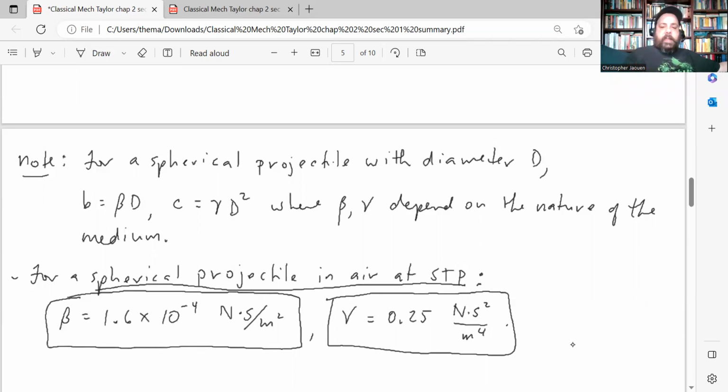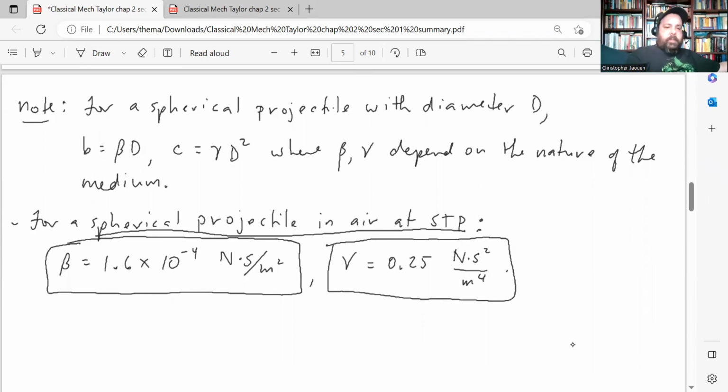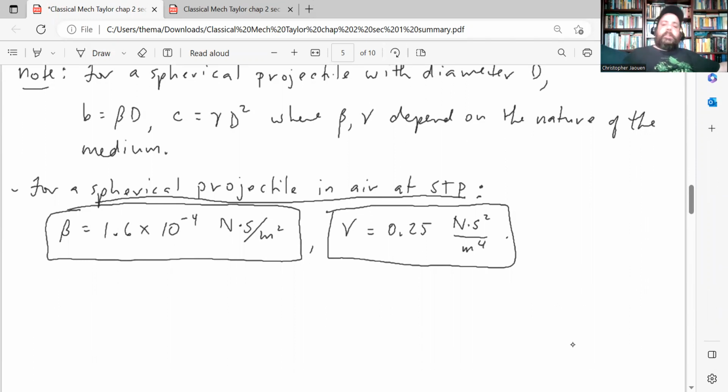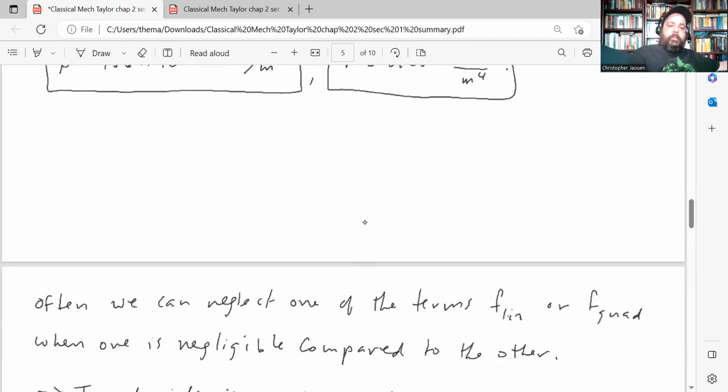So beta and gamma depend on the nature of the medium. And we'll derive these things later on in the exercises. Okay, and then he says for a spherical projectile in air at standard temperature and pressure, these quantities are approximately equal to 1.6 times 10 to the negative 4 newton seconds per meter squared, and gamma is equal to 0.25 newton seconds squared per meter to the fourth.